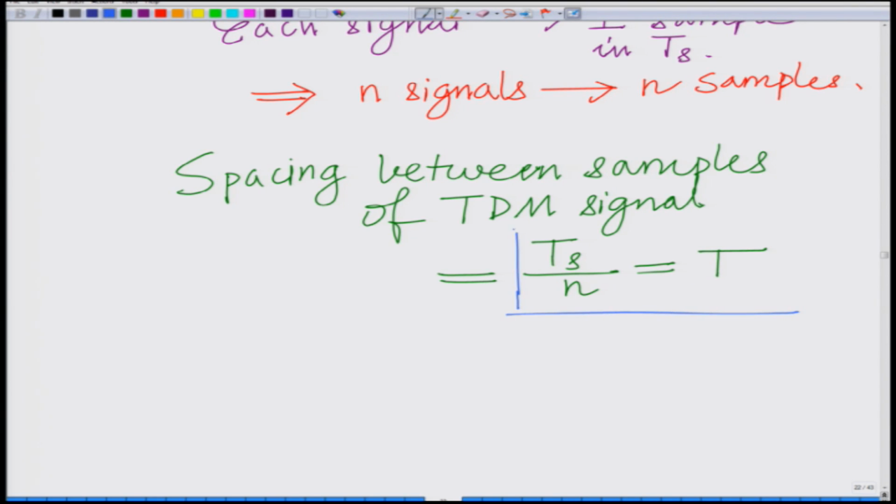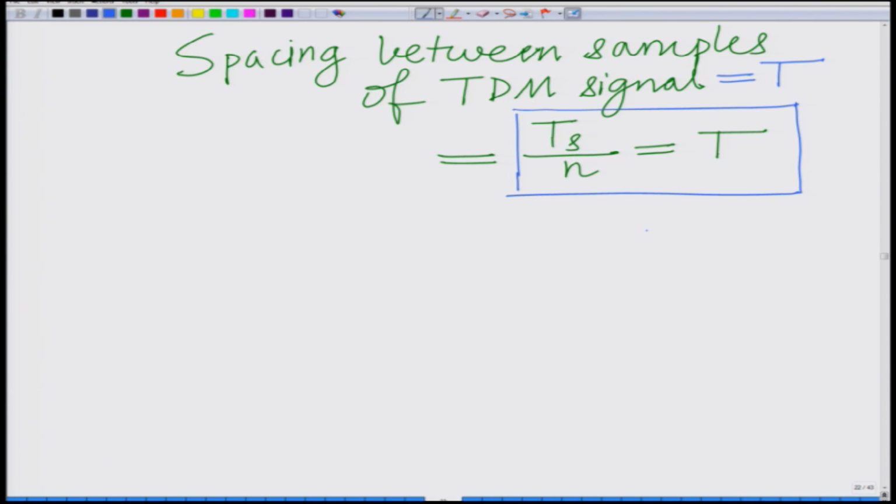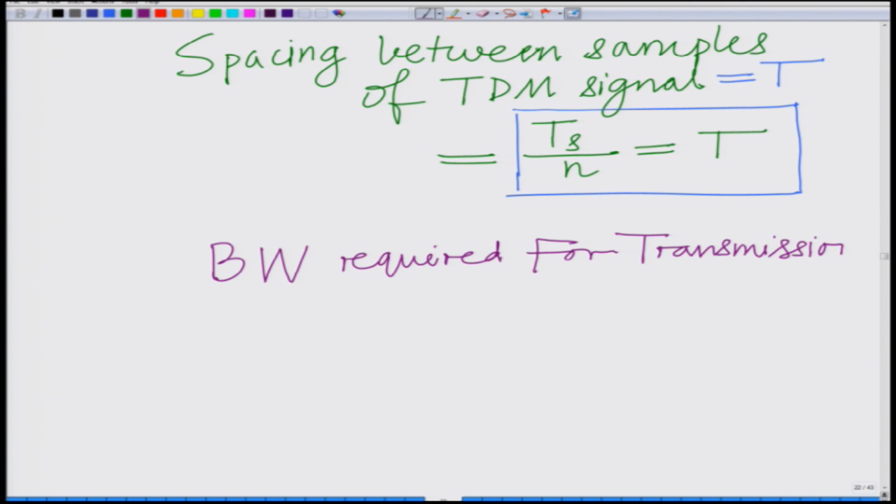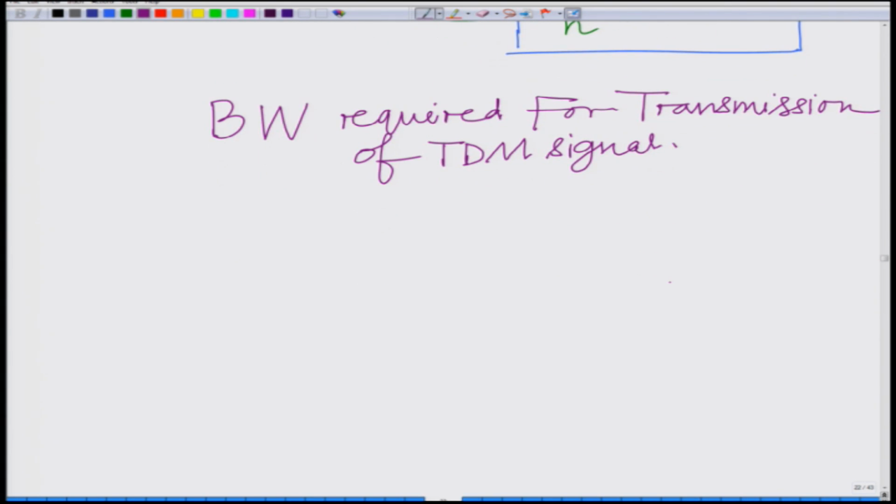So the spacing between samples of the TDM signal equals T, and we have T equal to Ts divided by n. Now, the bandwidth required for transmission of the TDM signal is 1 over 2T.